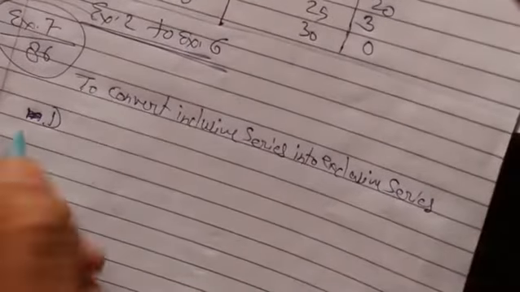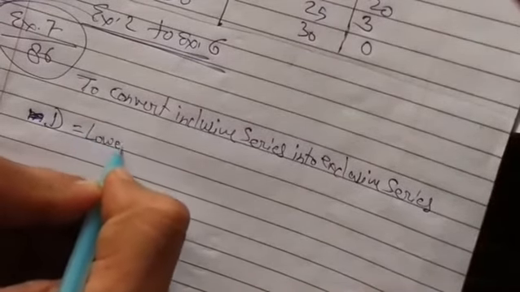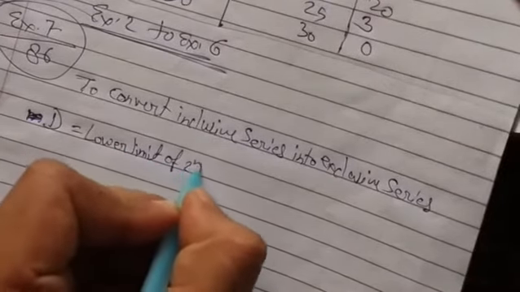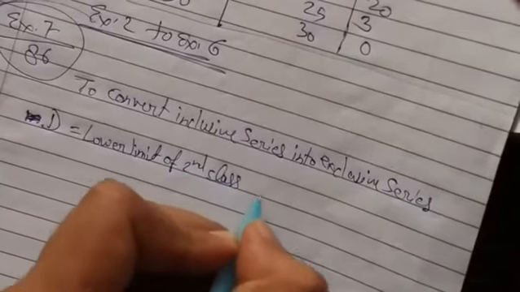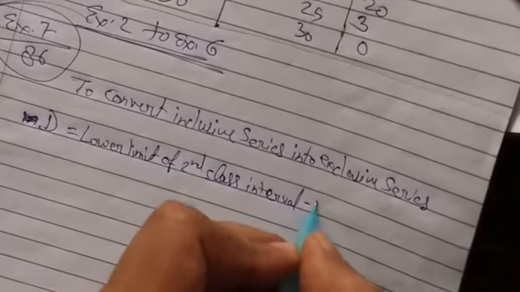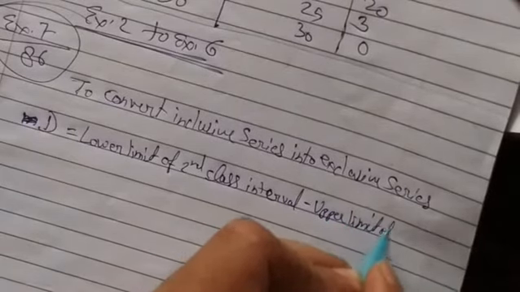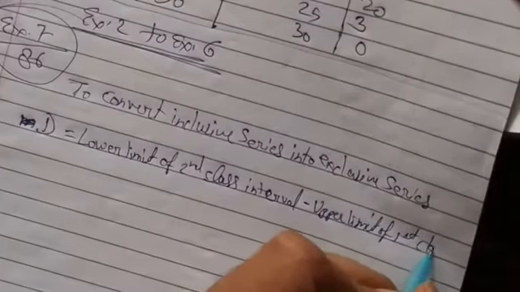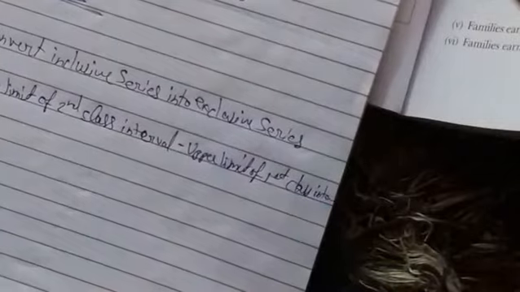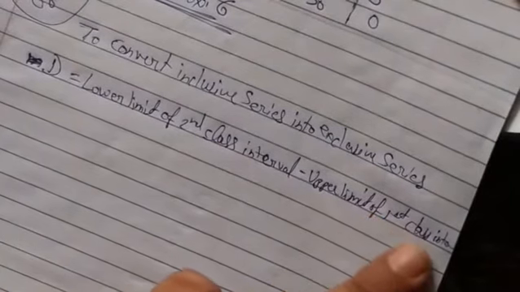Difference of what? Lower limit of the second class interval minus upper limit of the first class interval. The difference of the lower limit of the second class interval and the upper limit of the first class interval, that is D.